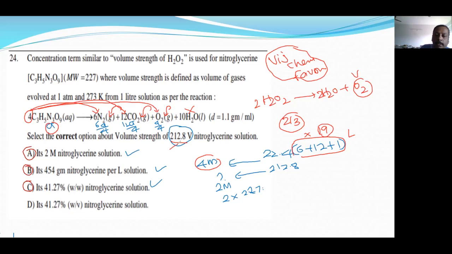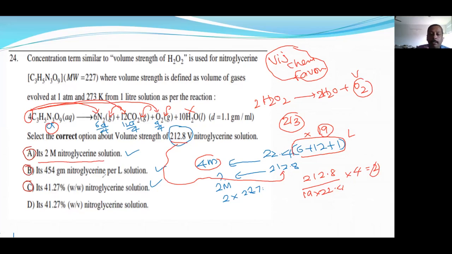But how much is there? 212.8. Then if you find out the molarity, it will be 212.8 divided by 19 into 22.4, into 4. Then you will get the answer as 2. So the molarity of the nitroglycerin will be 2.